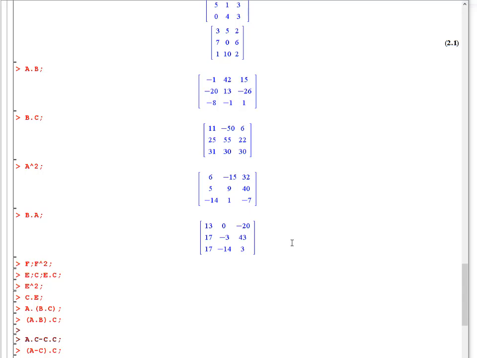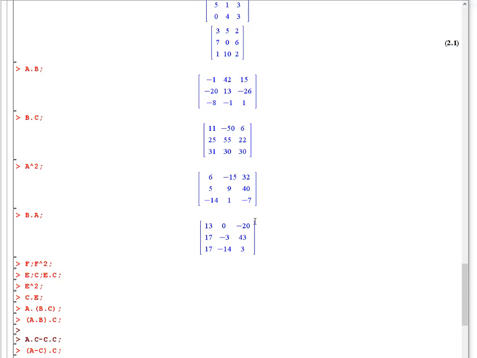Now, this is very, very crucial to remember, because it's a big difference with ordinary numbers. For example, with ordinary numbers, 7 times 8 is the same as 8 times 7. With ordinary numbers, the order does not matter, multiplication is commutative. With matrices, it's not, and the order does matter.